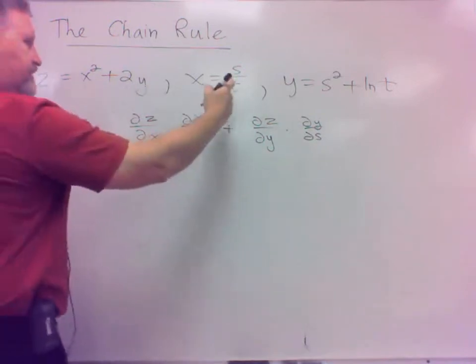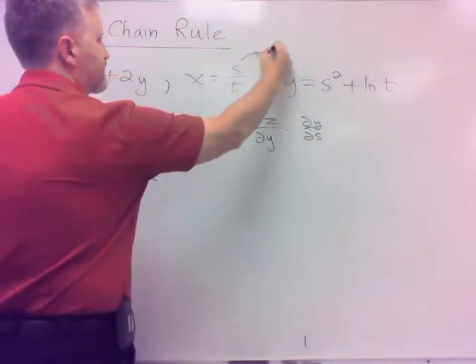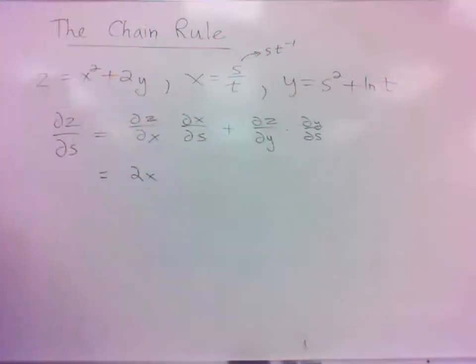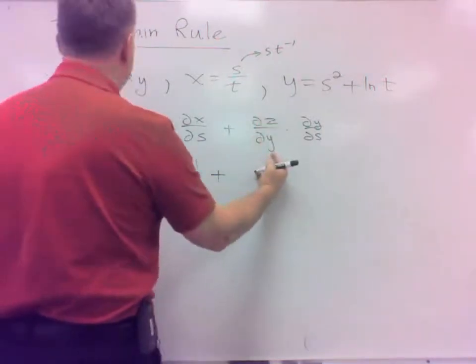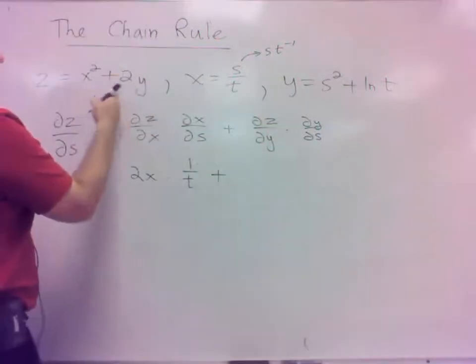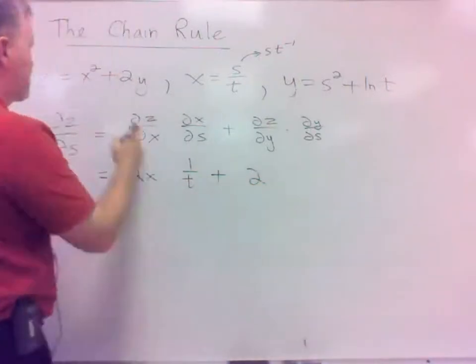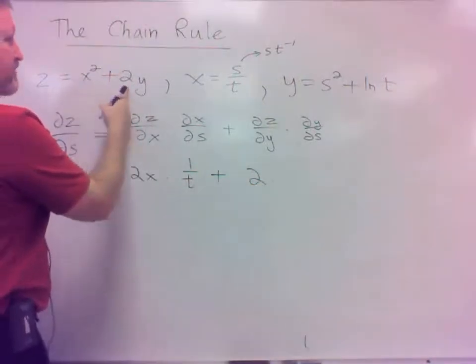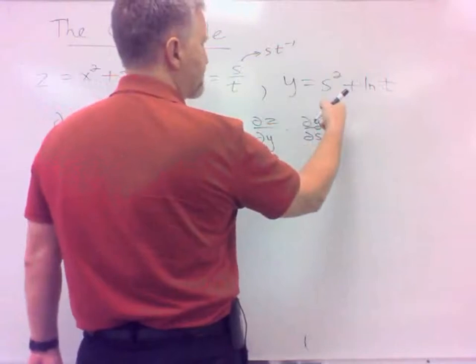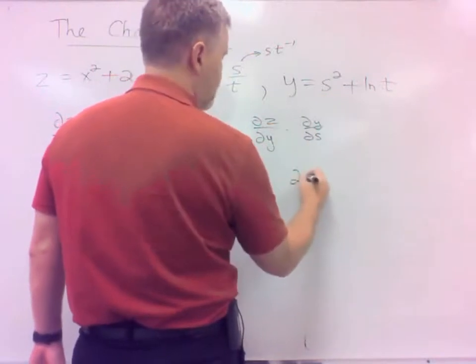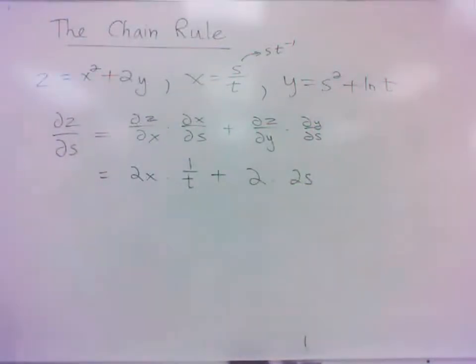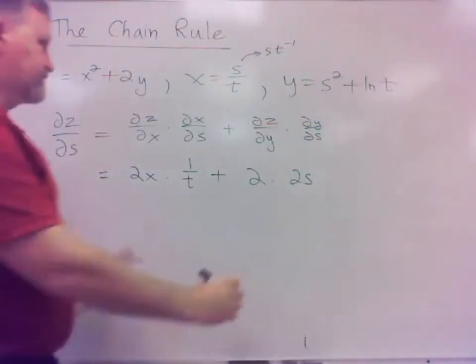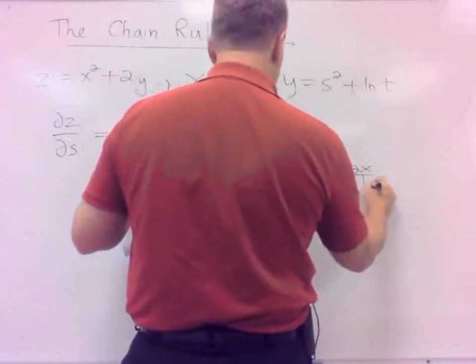For the partial of x with respect to s, let's rewrite it as s times t to the negative 1, so that's just t to the negative 1, or 1 over t. Plus the partial of z with respect to y, which is just 2, since the x is constant. And then the partial of y with respect to s is just 2s, and the ln t term would be 0 because it's a partial derivative with respect to s. So that's just 2x over t plus 4s.